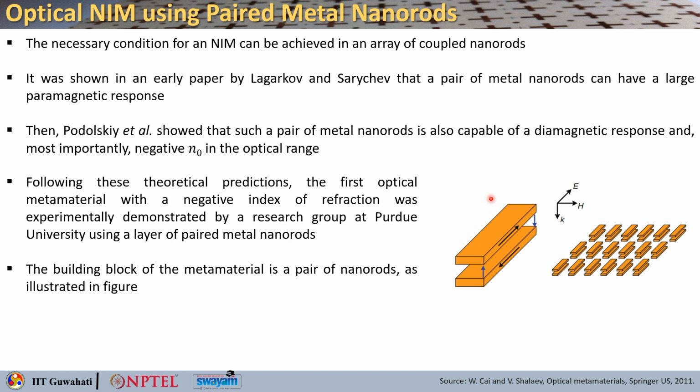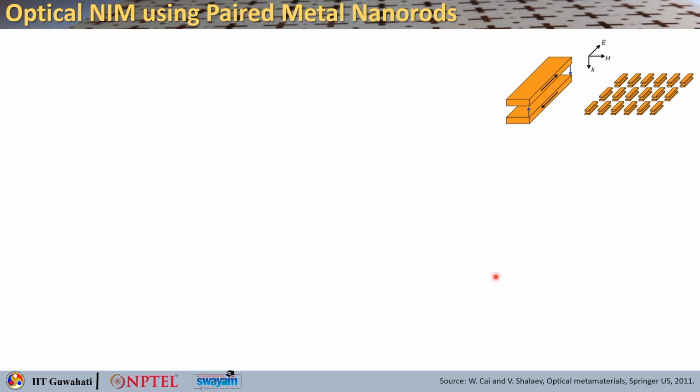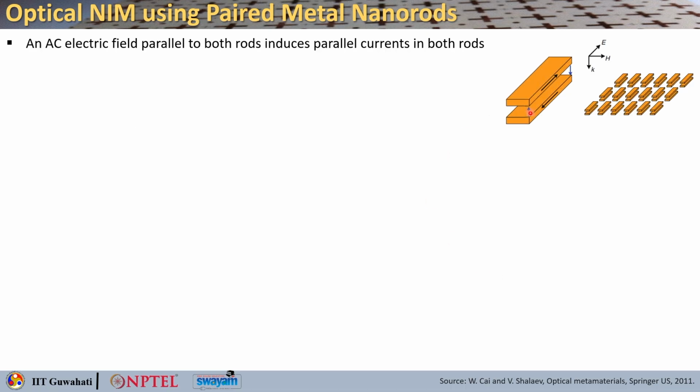So, this is the building block of the metamaterial, which is nothing but a pair of nanorods, as you can see here. You can see the electric field and the magnetic field direction here, and this is the direction of the wave falling from the top.